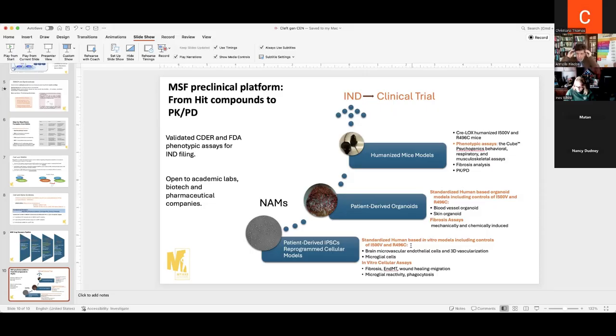Those are the cells that are important in the vessels of your brain, but also representing the vessels everywhere. And those are easy to measure. The fibrosis is easy to measure. I mean, nothing is easy, but that's a good model to measure fibrosis.